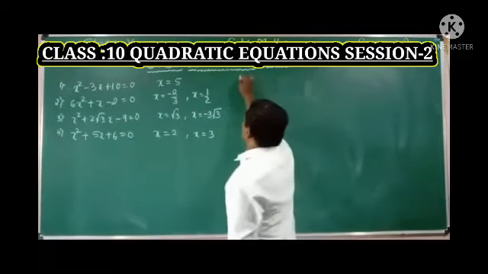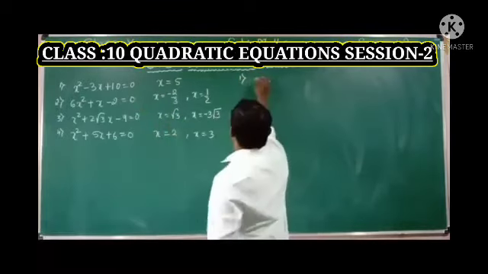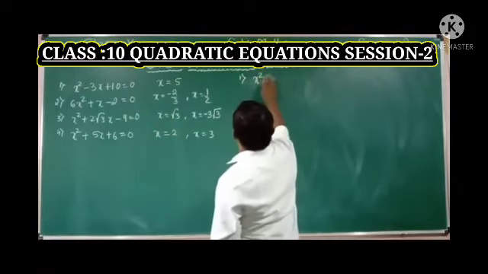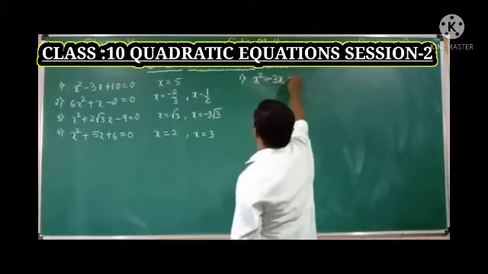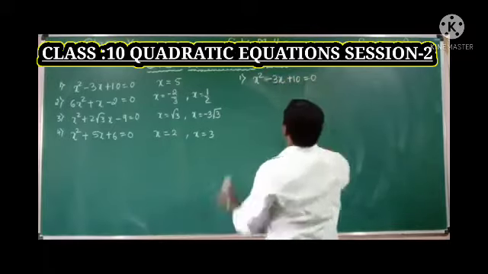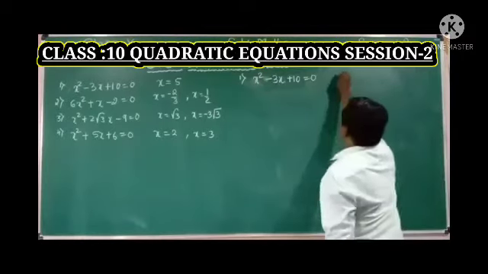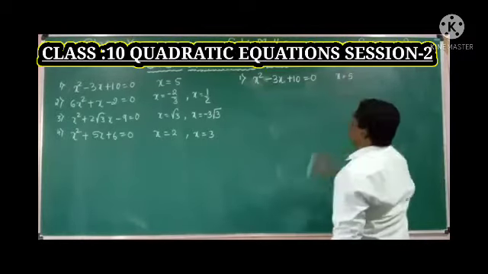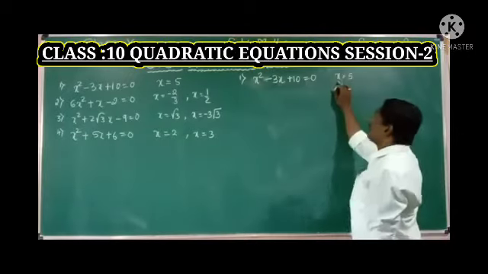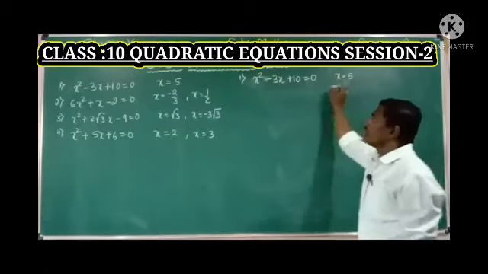Check one by one. First one, what is that question? x square minus 3x plus 10 is equal to 0, and the given x value is x is equal to 5. Just substitute the x value in the given equation.